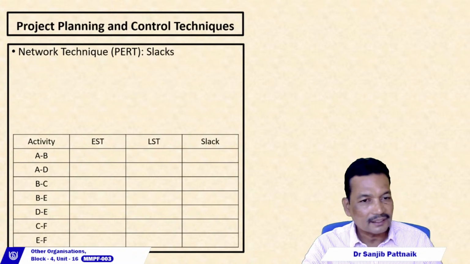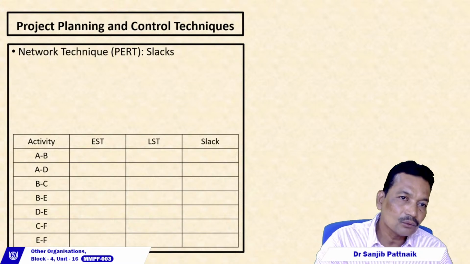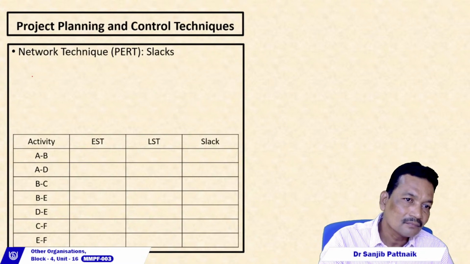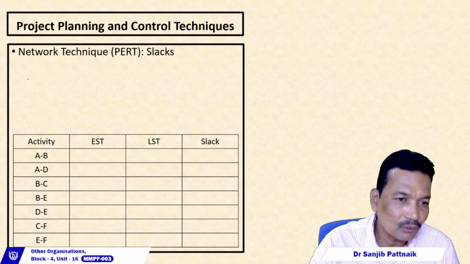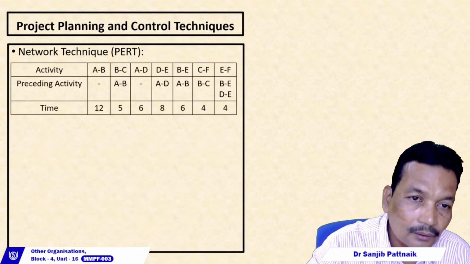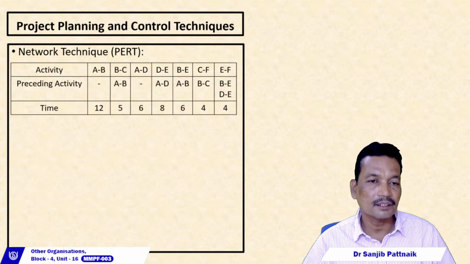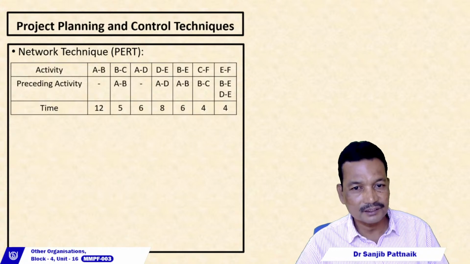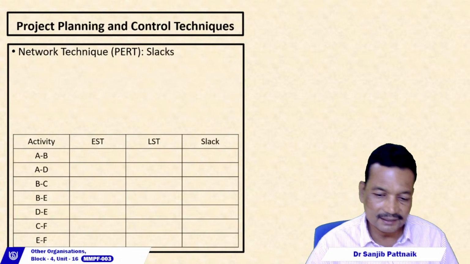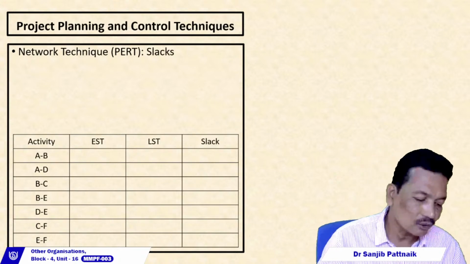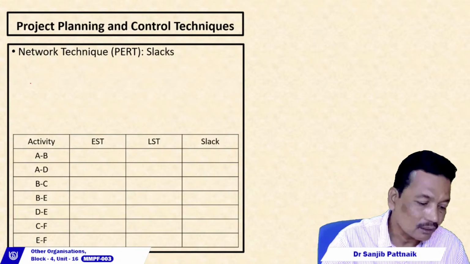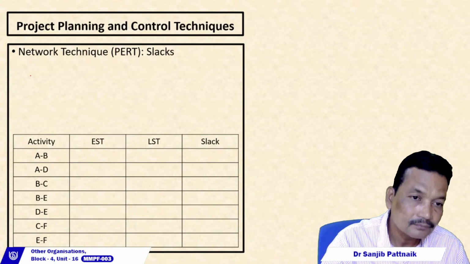If we look at our example, we can do the network diagram. I'll do the network diagram according to the given information. This is the information given to us.